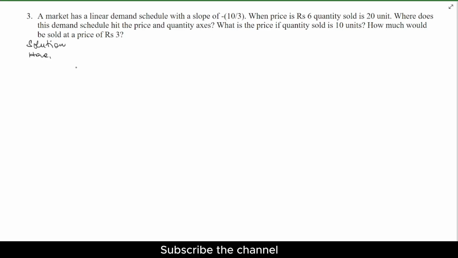Here the slope, that is m equals minus 10 by 3. And when price is rupees 6 and the quantity sold is 20 units, it means that price and quantity will make a pair. Price is rupees 6 and the quantity sold is 20 units.